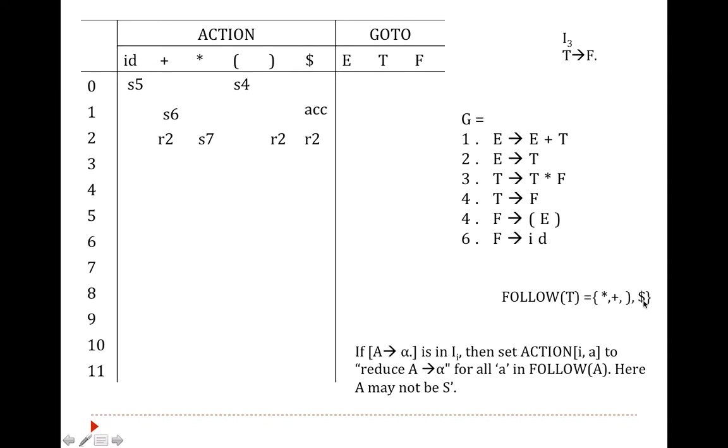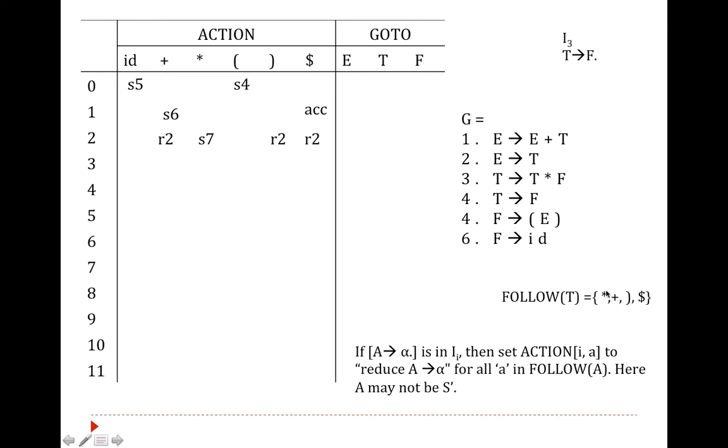So in all these columns for I3, that is I3 with plus, I3 with star, I3 with closing and I3 with dollar, we will be adding the reduce action. Reduce with T gives F. T gives F is rule number 4. So R4 is to be added here. Where should it be added? Once again, this is I3, so the state 3.